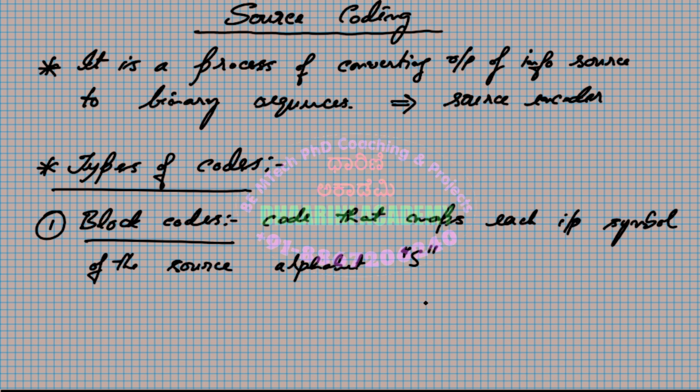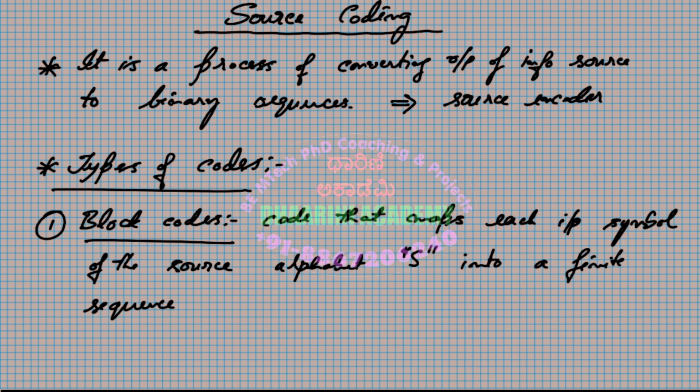It can be ABCD, 0011, etc. Anything generated by the source alphabet S is mapped into a finite sequence.